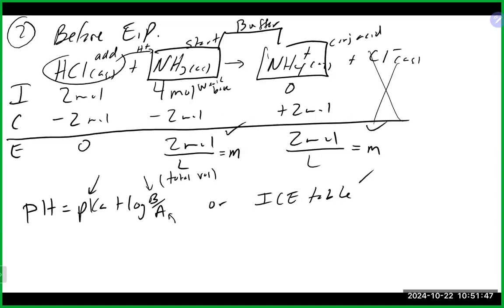It does not involve the HCl other than it was used to make the buffer. So this is how you could make a buffer from a strong acid and weak base, just like we saw we could make a buffer from a weak acid and a strong base as well. So this is another way you can produce a buffer. Any questions on that?